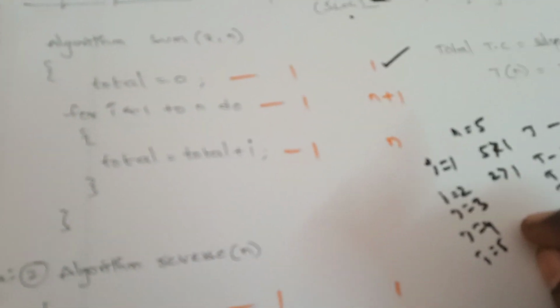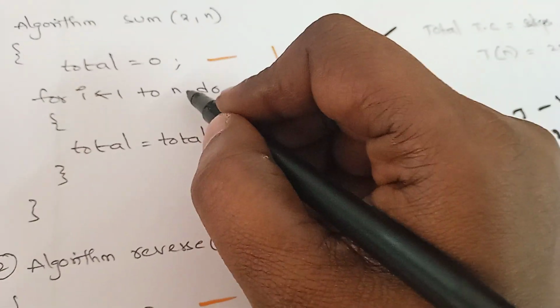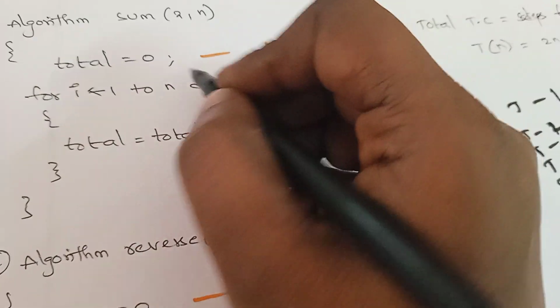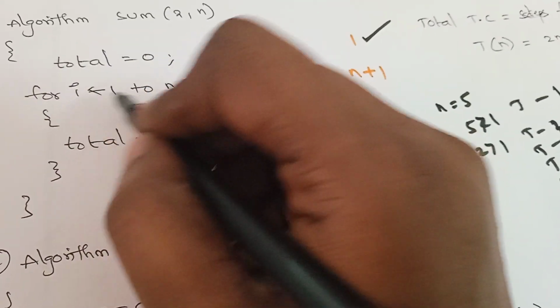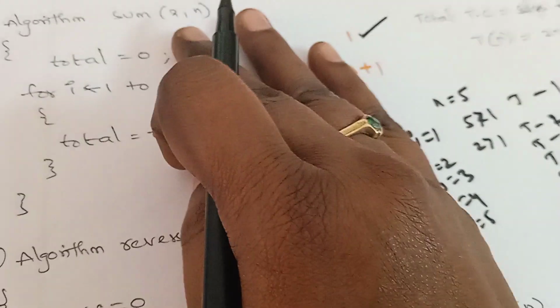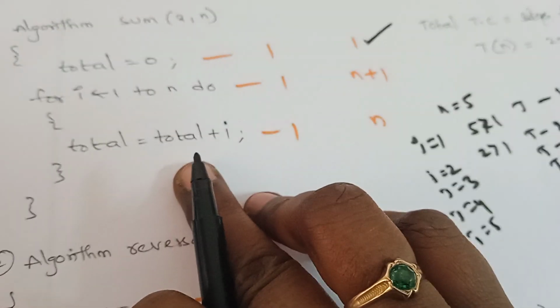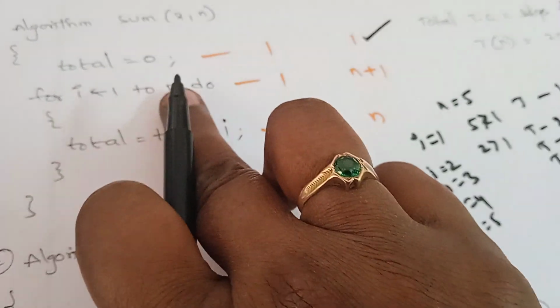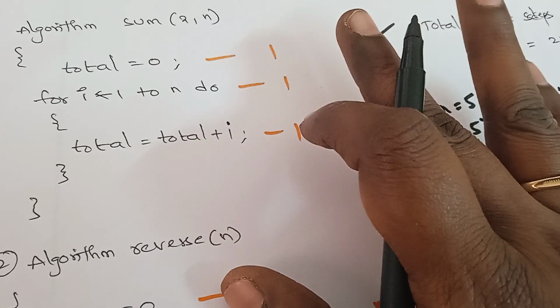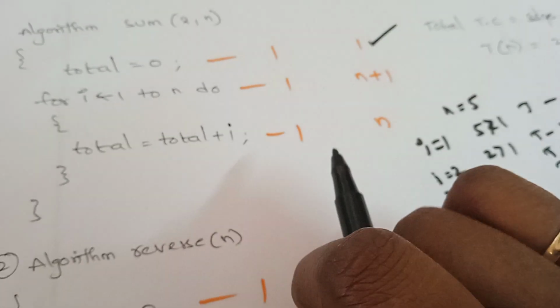The condition will fail when I becomes n plus 1. As I hits the n value, the condition is still true, and then it comes to the body. So the for loop condition is checked n plus 1 times, because there are 5 true conditions and 1 false condition.